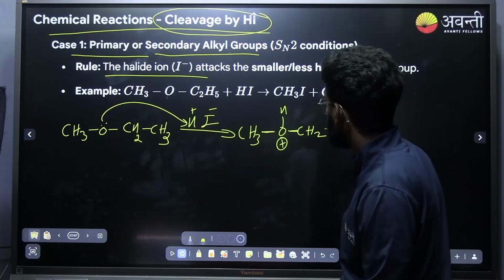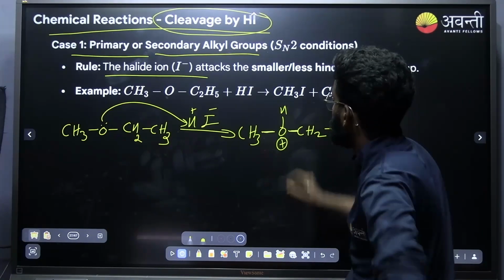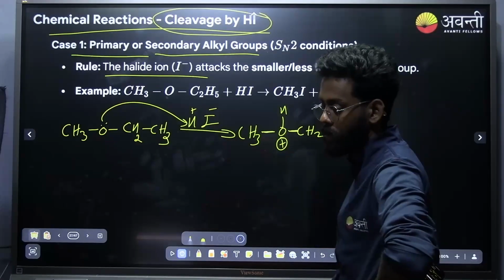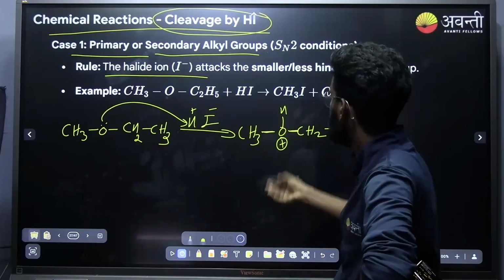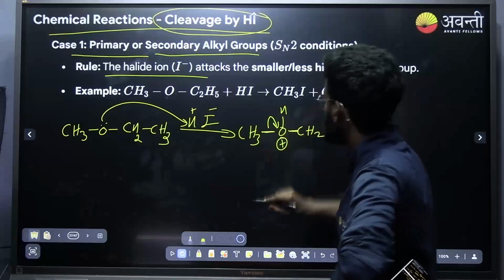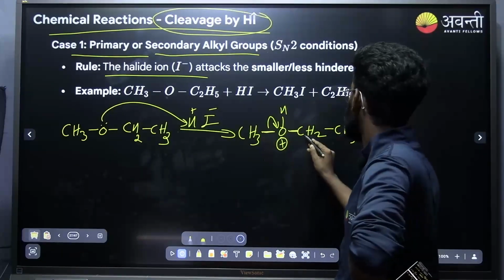In this case, which carbocation will be less sterically hindered? The cleavage will be taking place in that direction. Here this one is a primary, this one is a secondary one.